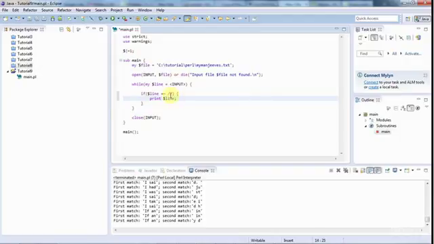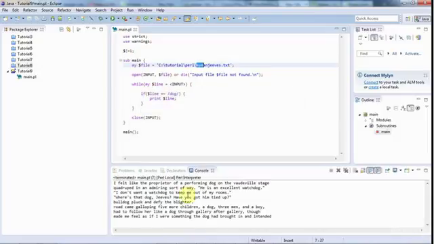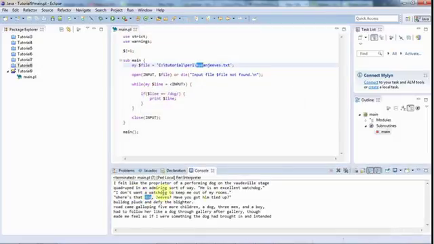Let's say I put dog in here, and my input file is the book My Man Jeeves by P.G. Wodehouse from Gutenberg.org. Then we can see that we've got a bunch of lines that have the word dog somewhere, even if it's part of another word in this case.